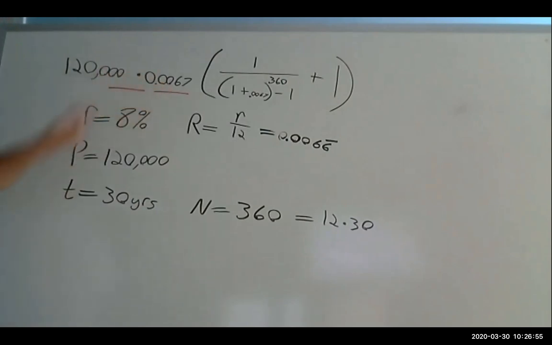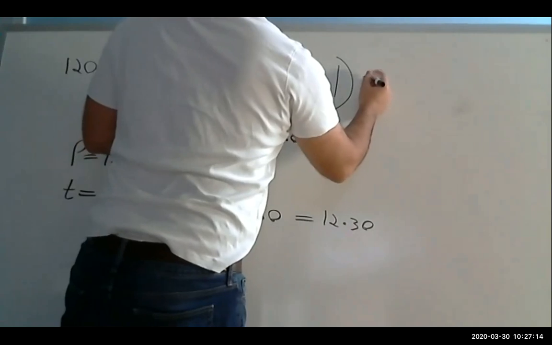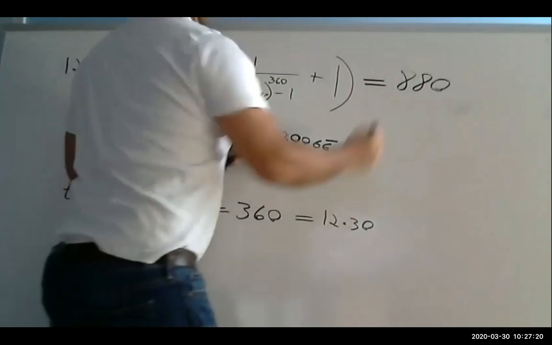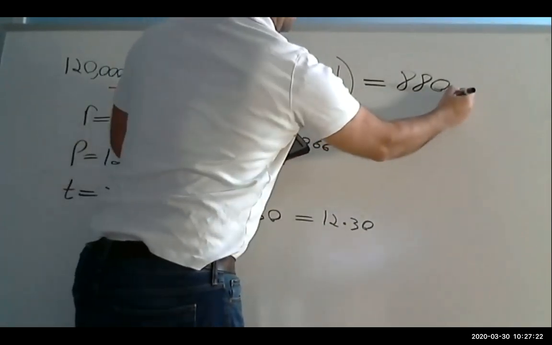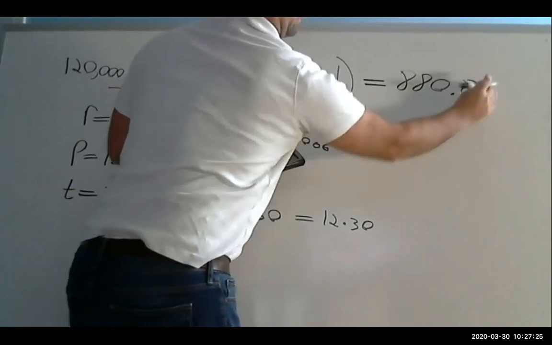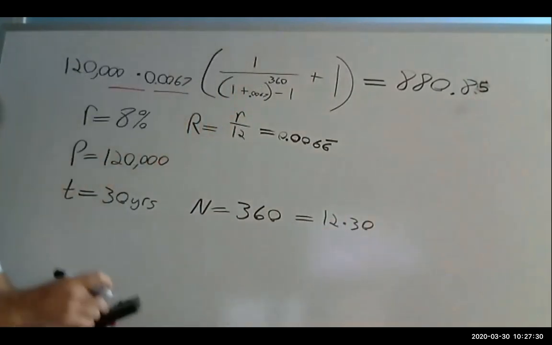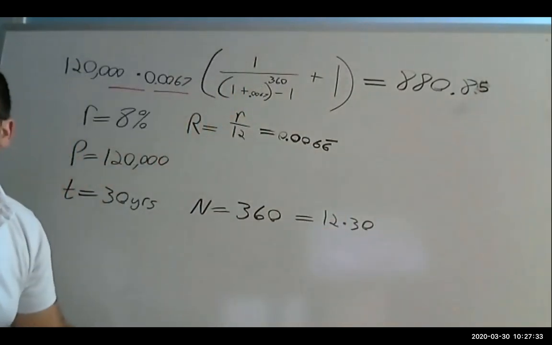And if you multiply that by these two things, I get the correct answer, which was 880.85. There could be some issue there just from rounding, but so be it. So that's what we get.